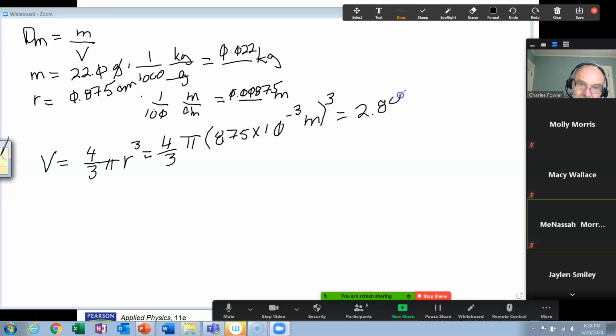I don't want to. I'm going to keep a few more digits. 80617 6. You don't need this many, but I'm just writing them being stubborn. 2. I'm going to leave it at 2. Okay, that's the numerical part. Now what's the exponential part? How many places did you need to move that decimal?